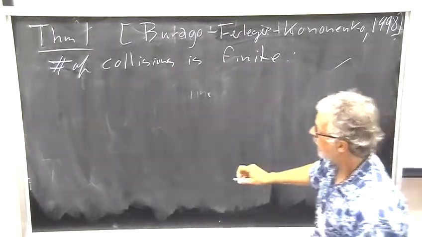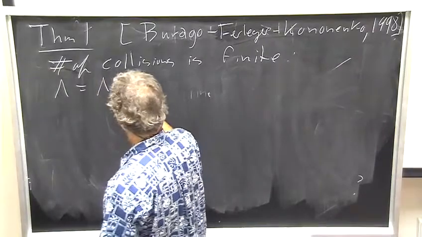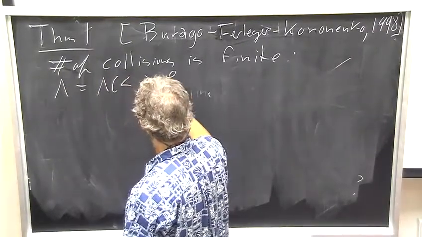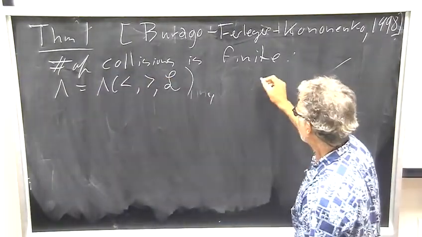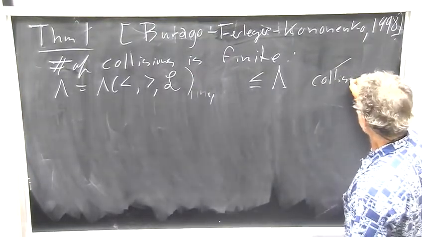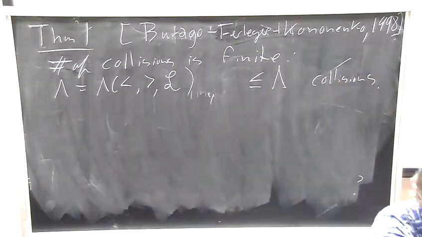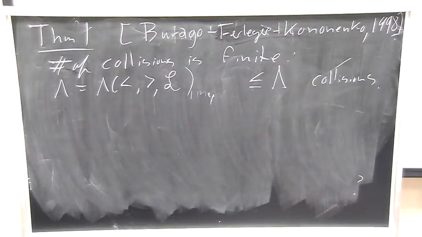In fact, there's a number lambda that depends only on the inner product and the collection, and there are less than or equal to lambda collisions. So that's a surprisingly hard theorem.